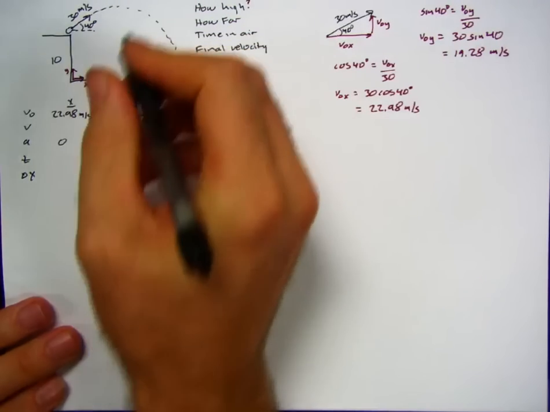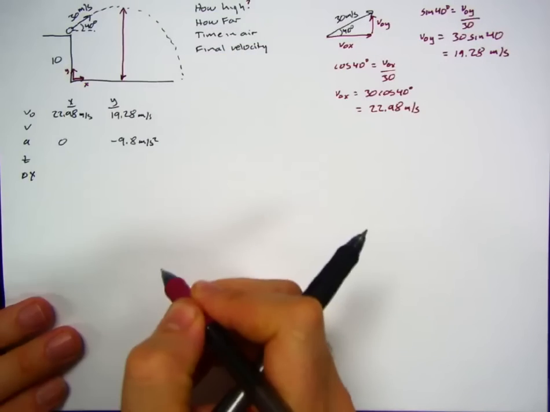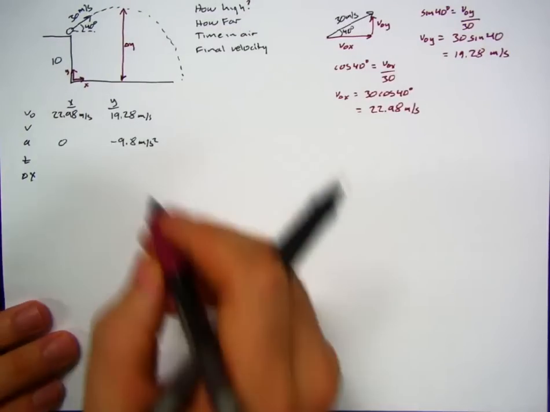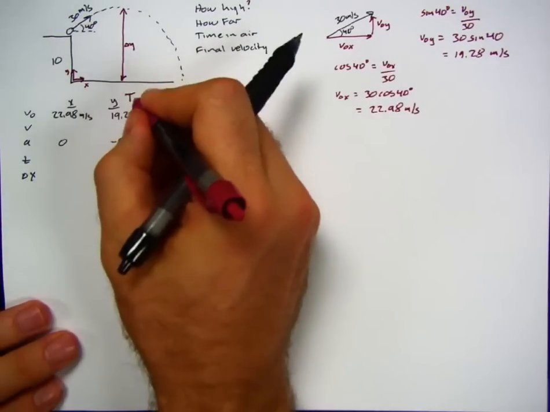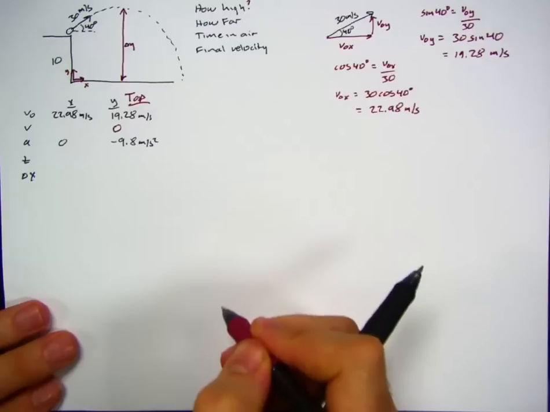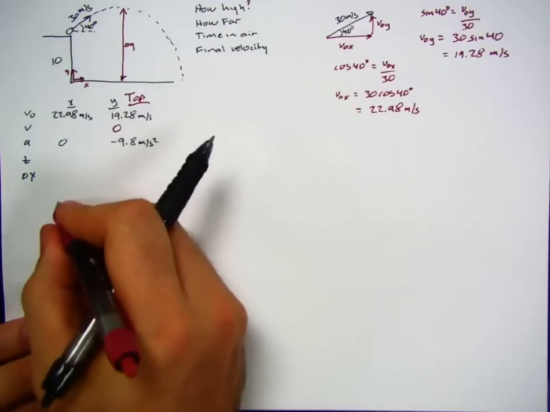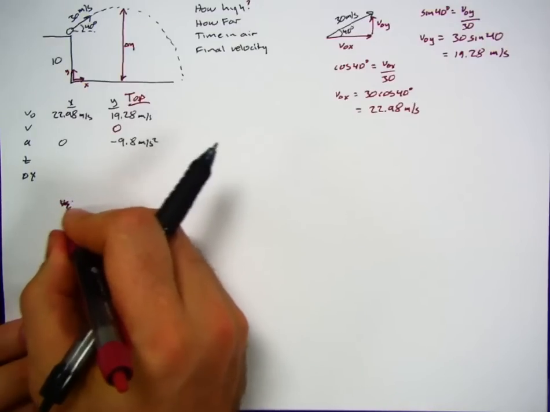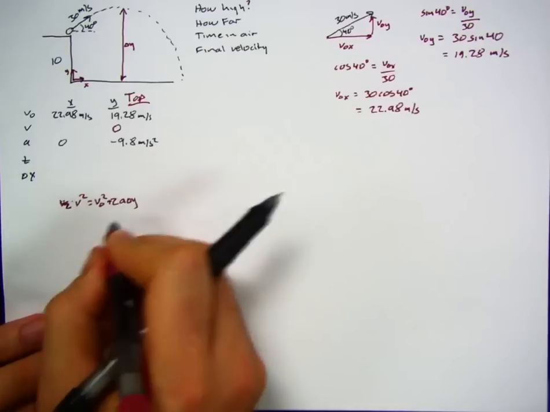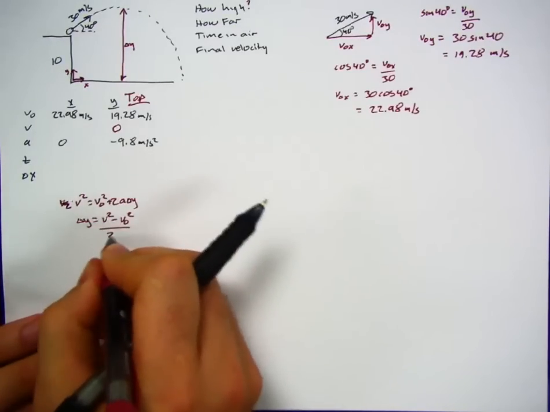So I'm interested in how high, this height, that delta y, and that is to the top of its path, the magic word, to the top, and at the top the y velocity is 0, and so I'm only going to do part of that problem to find my delta y. I know that v squared equals v0 squared plus 2a delta y, or delta y is equal to v squared minus v0 squared over 2a.